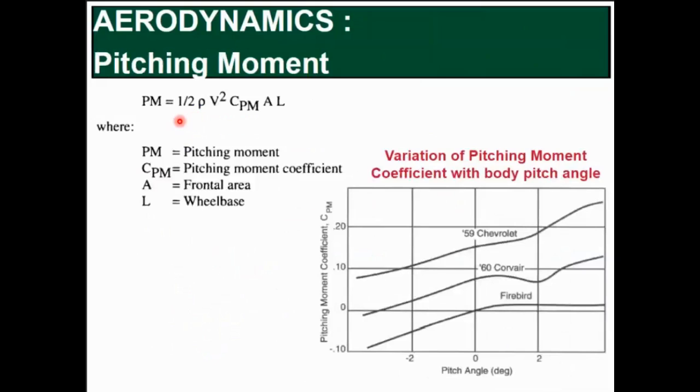Almost same the formula. Okay, PM is the pitching moment. Just change the coefficient. So this is the coefficient of pitching moment. And then this graph shows the variation of pitching moment coefficient with body pitch angle at different type of vehicle.